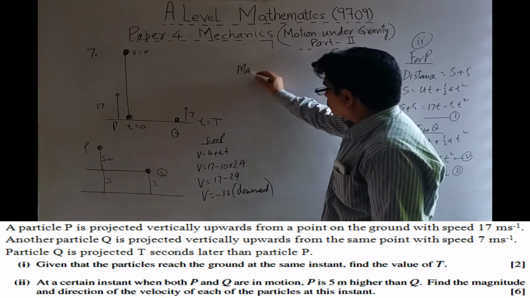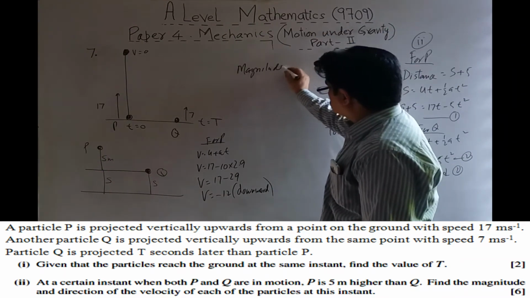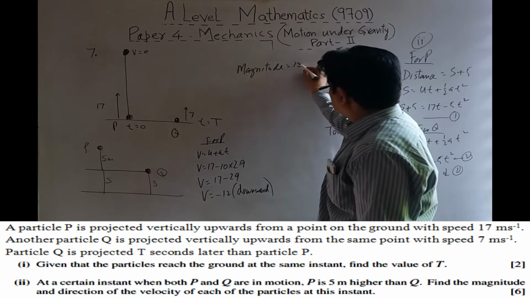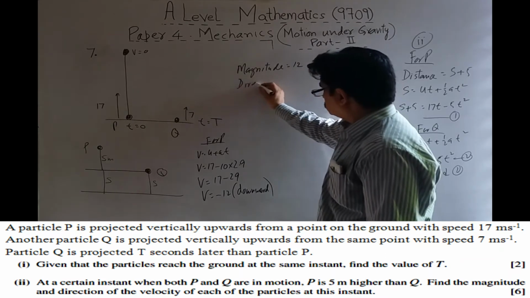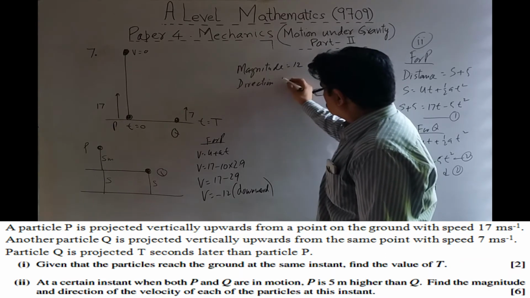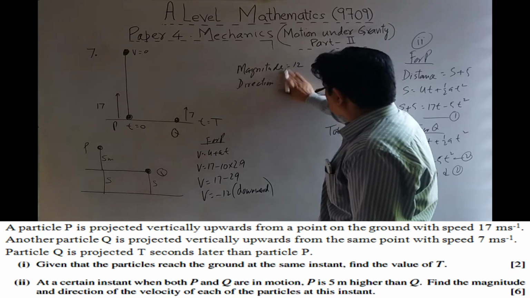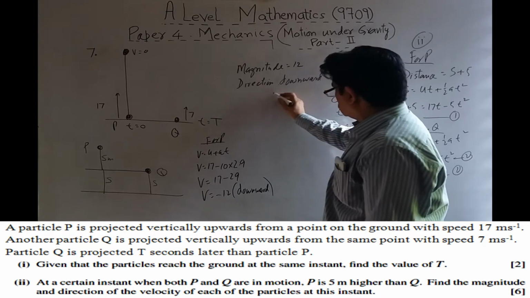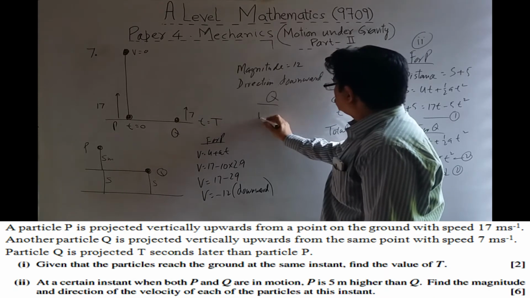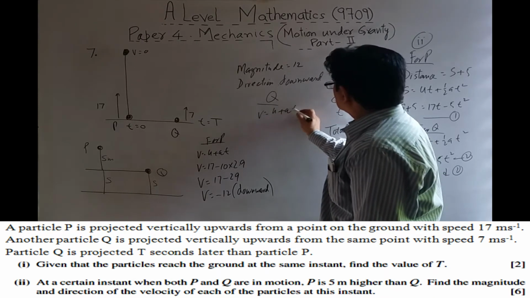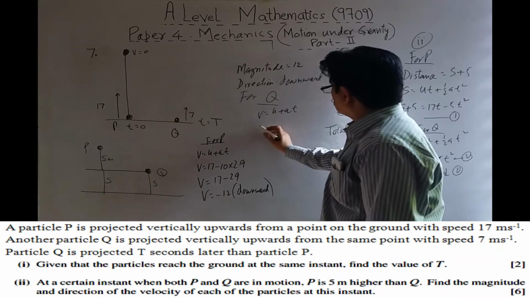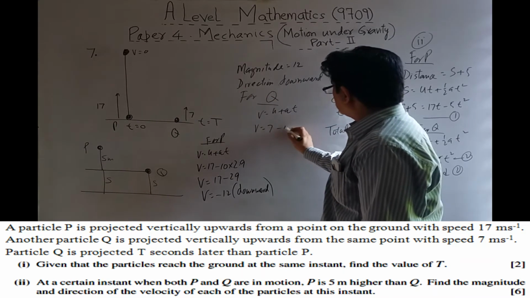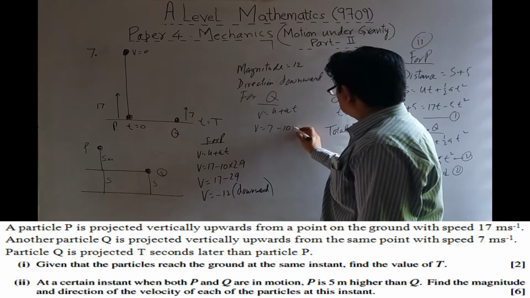So you can write magnitude is equal to 12, and direction downward. Similarly for Q, v is equal to u plus at, v is equal to 7 minus 10 into t.